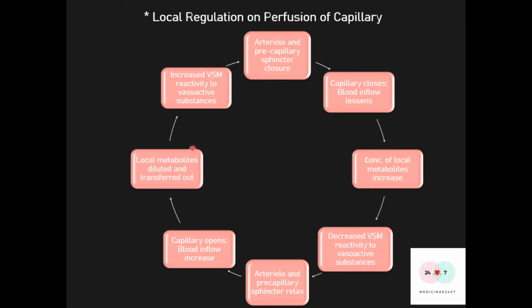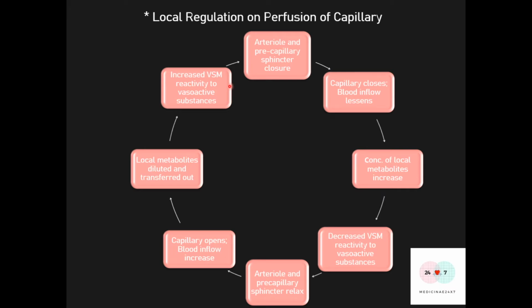Whenever the local metabolites are diluted and transferred out, let's say the compensation is successful and the lactic acid is diluted out because no more new lactic acid is developing due to proper tissue perfusion, there is increased vascular smooth muscle cell reactivity to vasoactive substances, which are catecholamines secreted by the adrenal medulla, which bind to the alpha adrenoreceptors in the blood vessels.